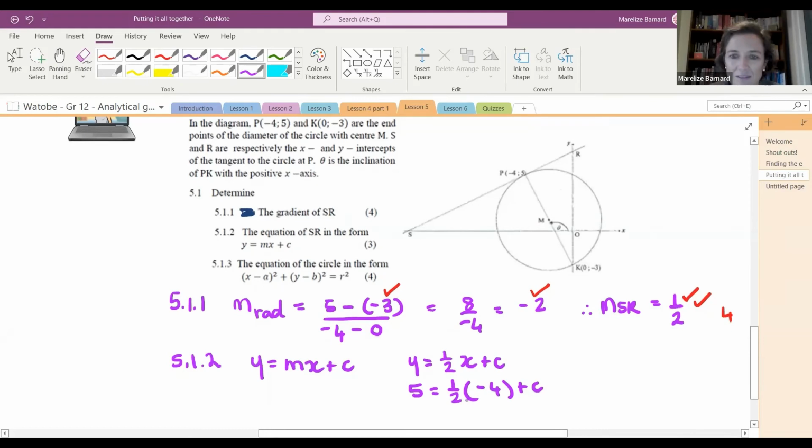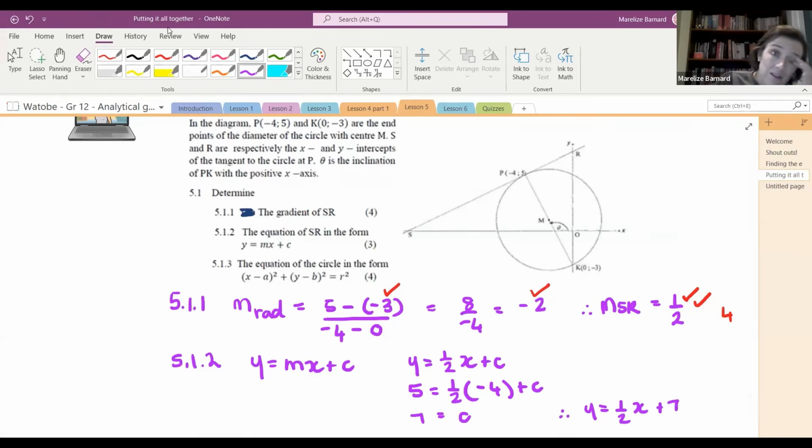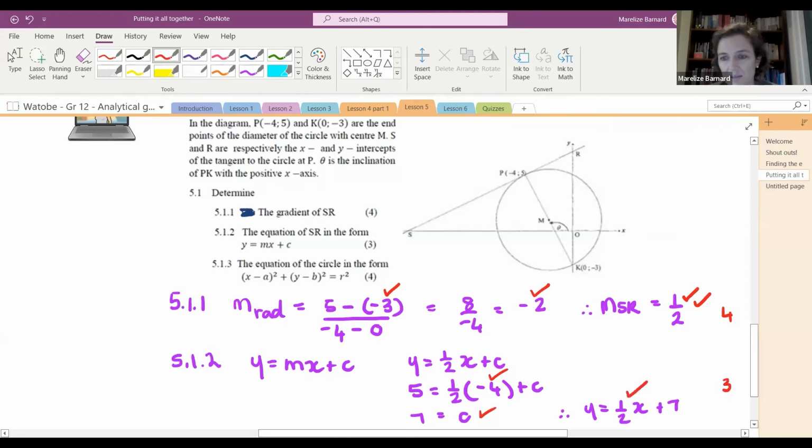And then finally we get, that's going to be -2. We add it on both sides. c is 7, so y = 1/2 x + 7. Okay, so in terms of where your marks go for that, it's for subbing in, solving for c, and then for your final answer. So that's 3.